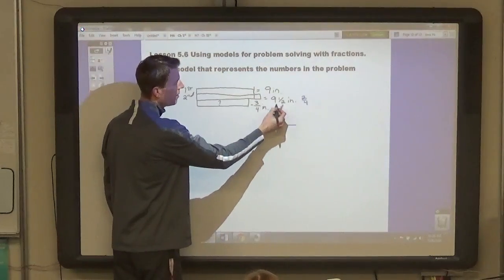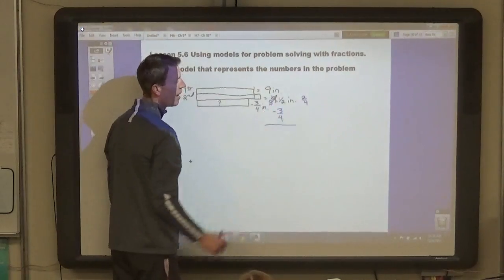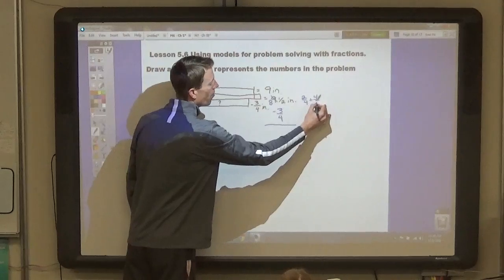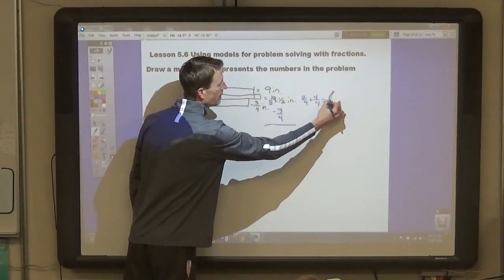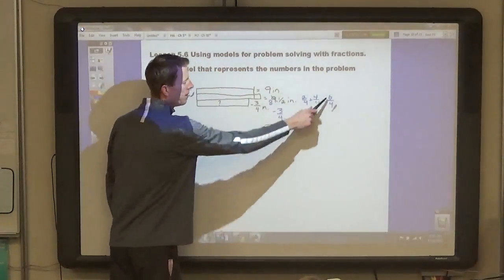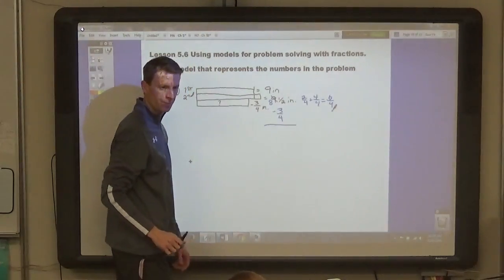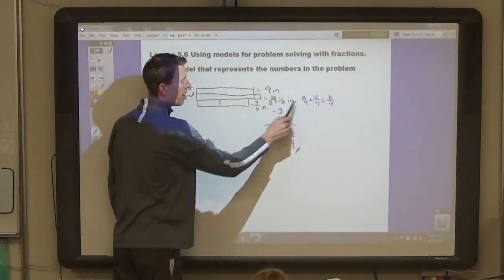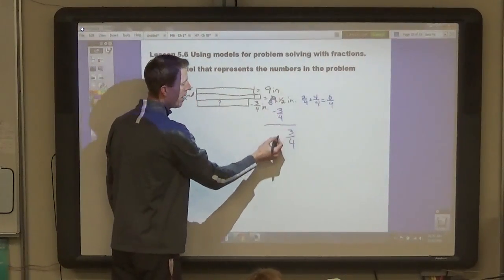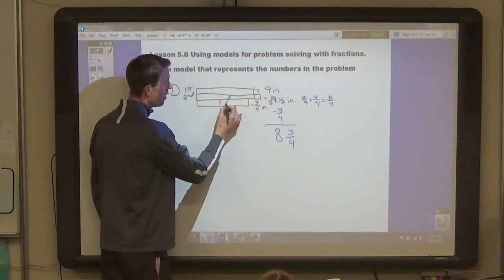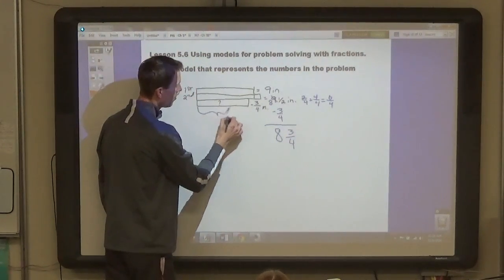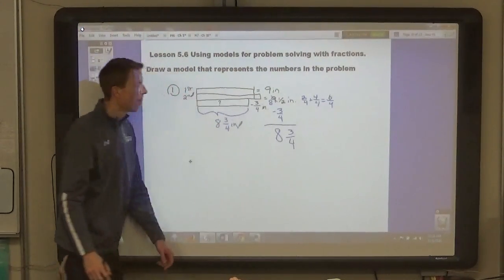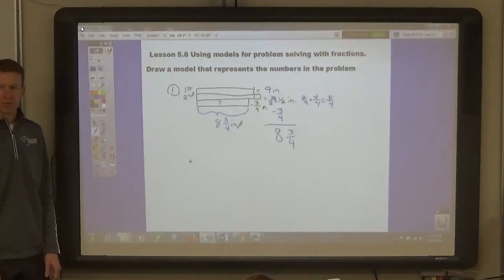And that's not enough pieces, so we'd have to cross out the 9, take 1 away from the whole, and add 4/4. So we have 6/4, and then take away 3/4, which is 3/4. Because 6 minus 3 is 3. And 8. So this one is 8 3/4 inches. Is that the answer?